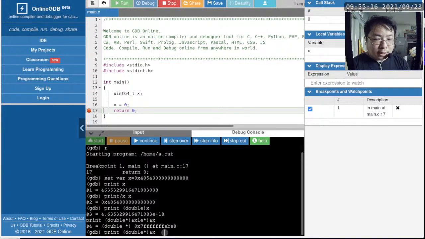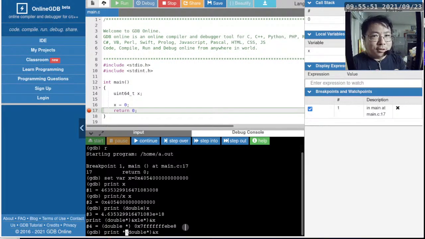This is where the fun begins, because instead of looking at 7FFFF, a whole bunch of stuff, EB, E8, which is what we see in the previous line here, instead of looking at those 8 bytes at that particular address and saying these 8 bytes form a 64-bit unsigned integer, the debugger is now looking at those same 8 bytes, the same 64 bits, and saying these 64 bits are a double.